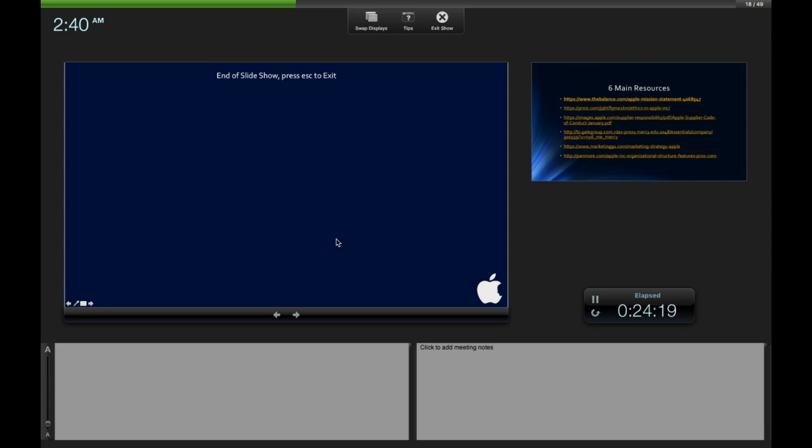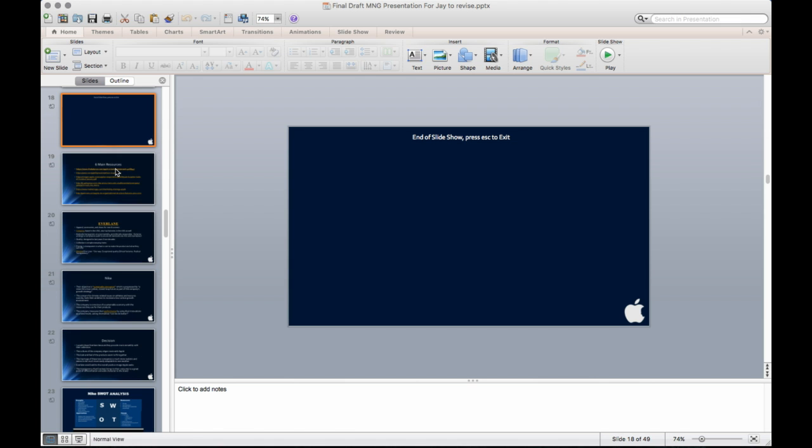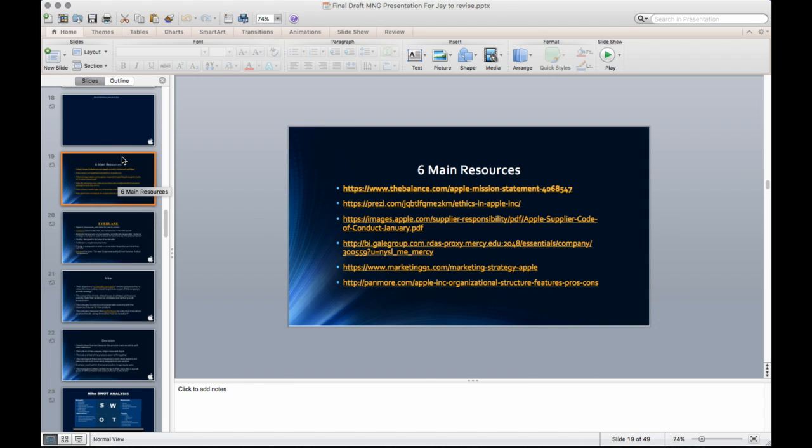Press escape to exit. So guys, just to let you know, after that there are slides, and those are the backup slides, the slides that you have to click for in order to see the different links on the previous slides. There are 18 main slides and about 25 extra informational slides.